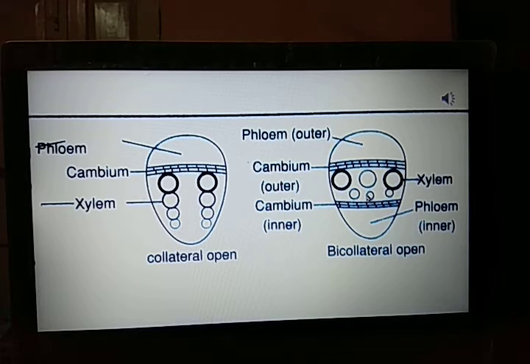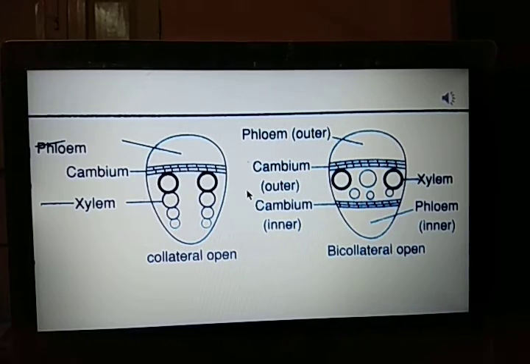Now, this sort of arrangement of xylem is called endarch arrangement, which is found in this dicot stem. So, hopefully you have understood the internal structure of a dicot stem.